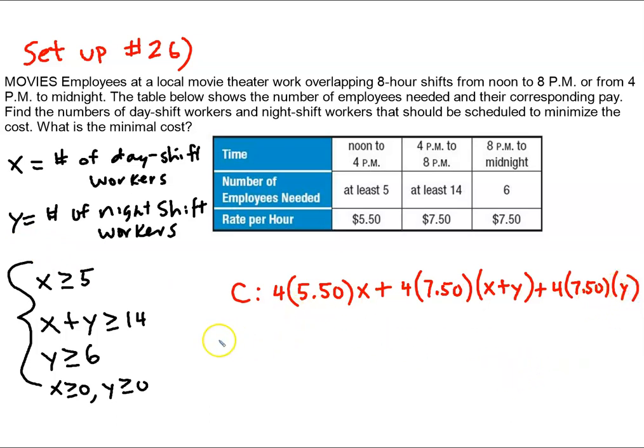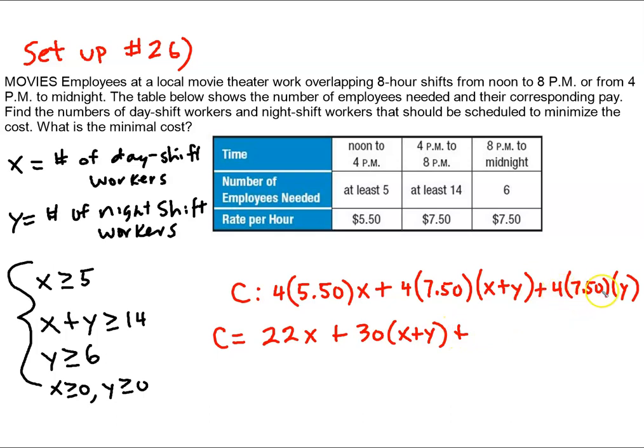Okay, so let's just go ahead and clean this up. We'll say C equals this, if you need to grab a calculator, 4 times 5.50. So that's going to be 22x. And then we've got 4 times 7.50. That's 30 times (x plus y).